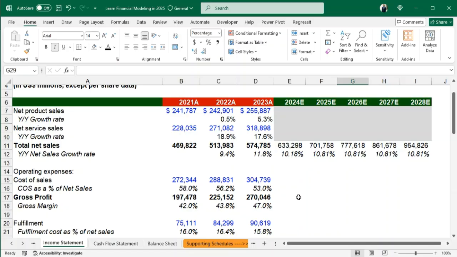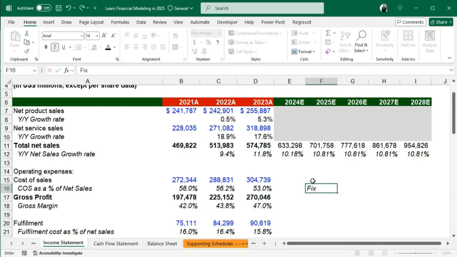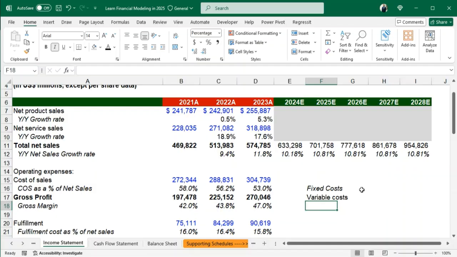Now, first, it is important for us to make a distinction between fixed costs and variable costs. So we have fixed costs and variable costs. A fixed cost is relatively static and may only change over time.